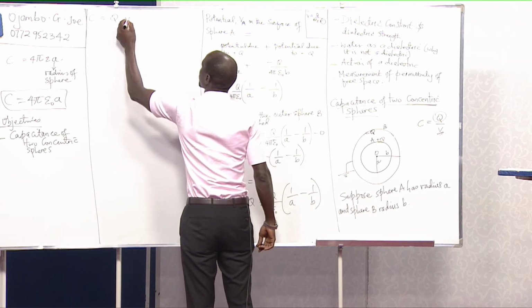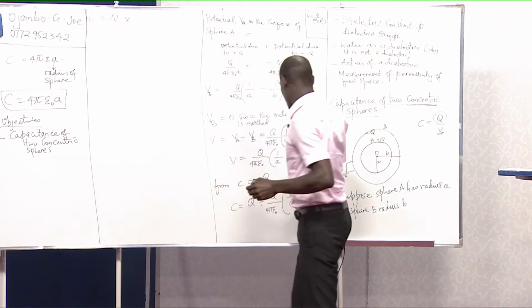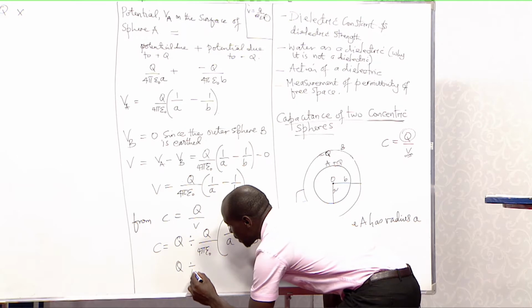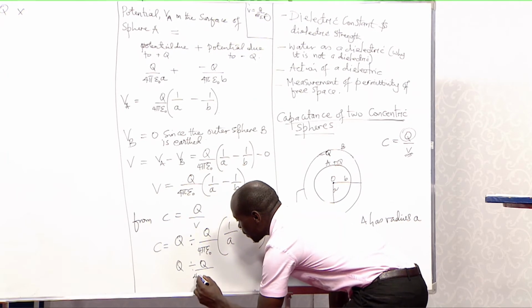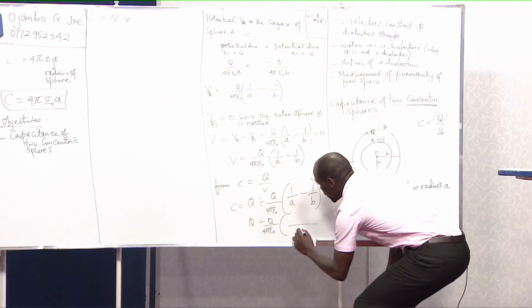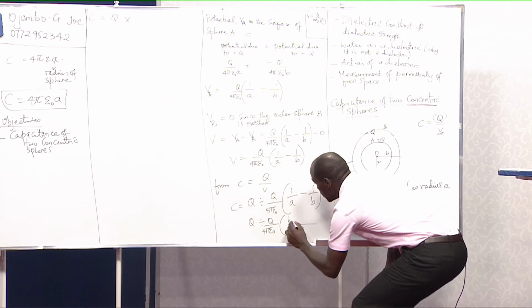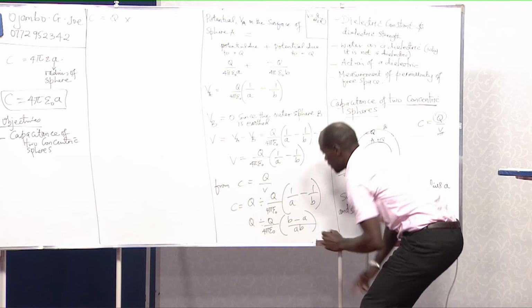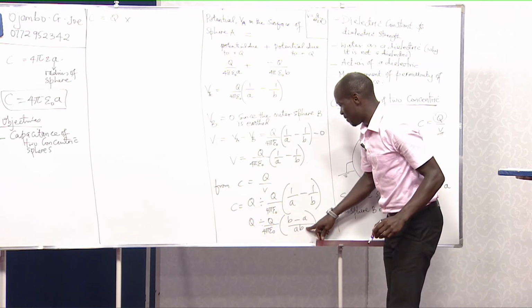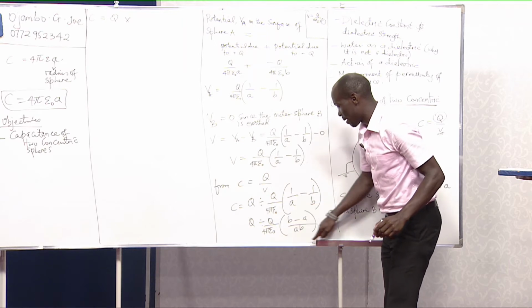So our capacitance will therefore be equal to Q divided by Q over 4 pi epsilon naught into the LCM here, which will be AB, over B minus A. AB divided by A will give us B. AB divided by B will give us A. That's how I've come up with this.